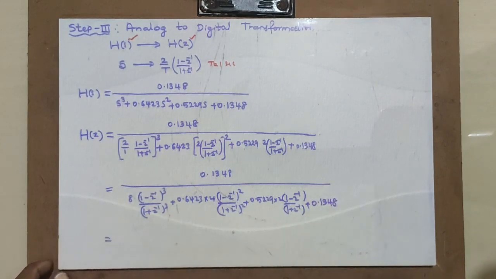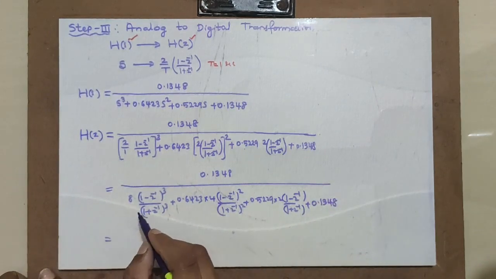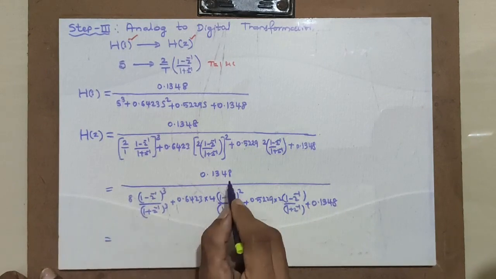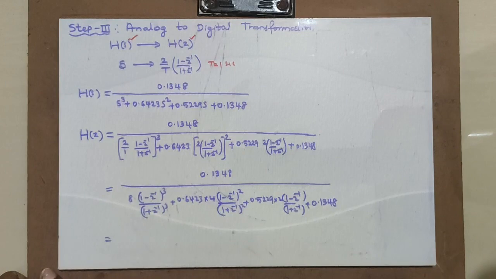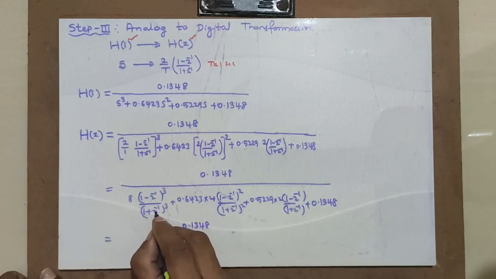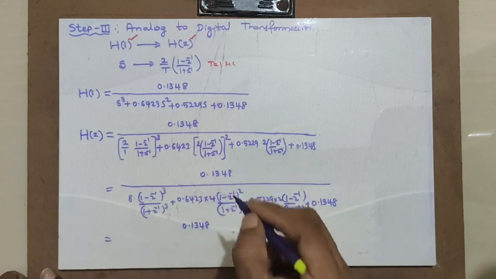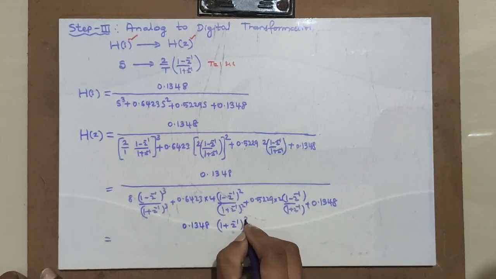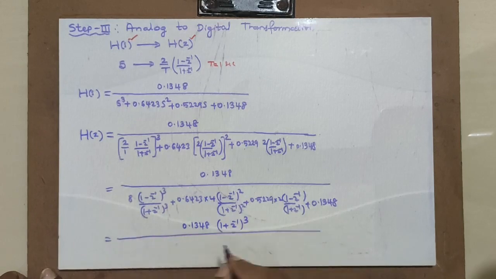See, many students will get different answers because one student may keep 8 outside, another may keep 0.1348 outside, but the final answer I will write here is 0.1348 times (1 plus z raised to minus 1) whole cube, because it goes to the numerator, isn't it?